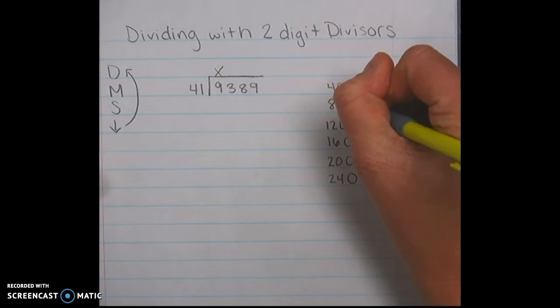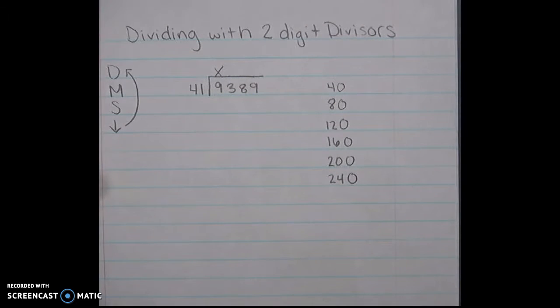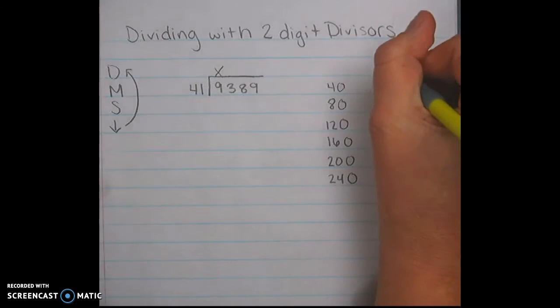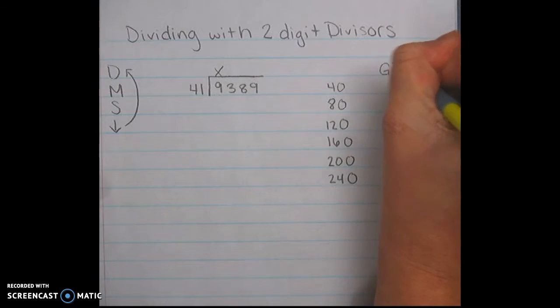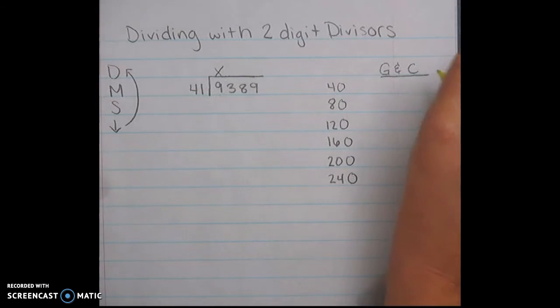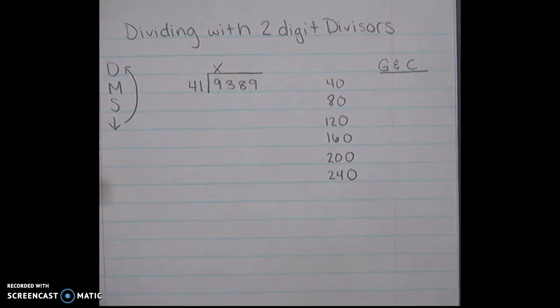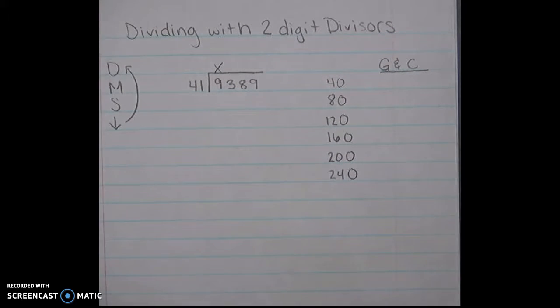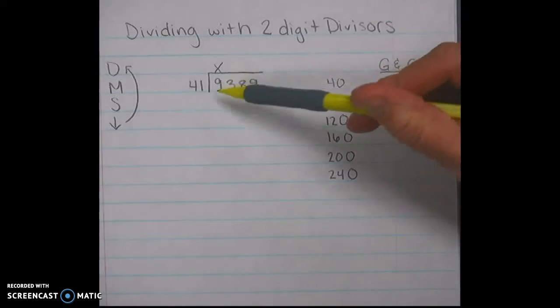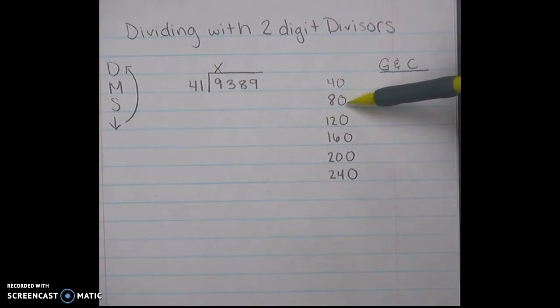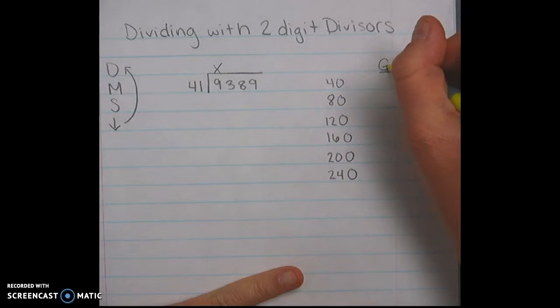And it would fall between 40 and 80. So we also have to do a guess and check. And I usually give myself some room for that. When we're guessing and checking, we can't just assume that 41 goes into 93 2 times. We actually have to check it out. So that's why I call it guess and check.